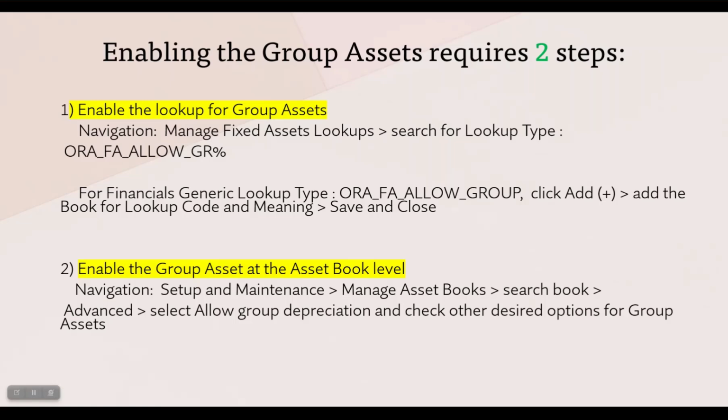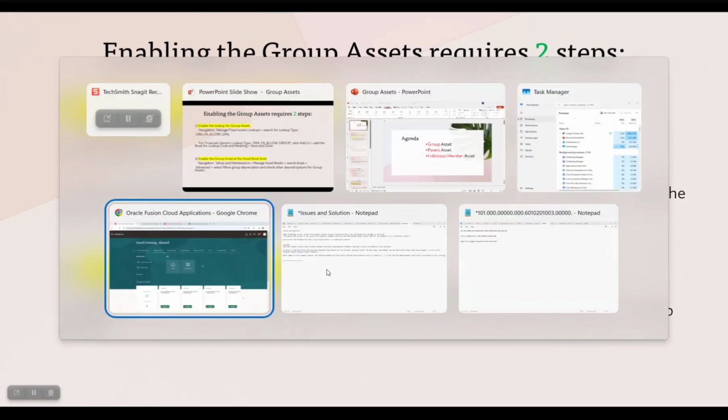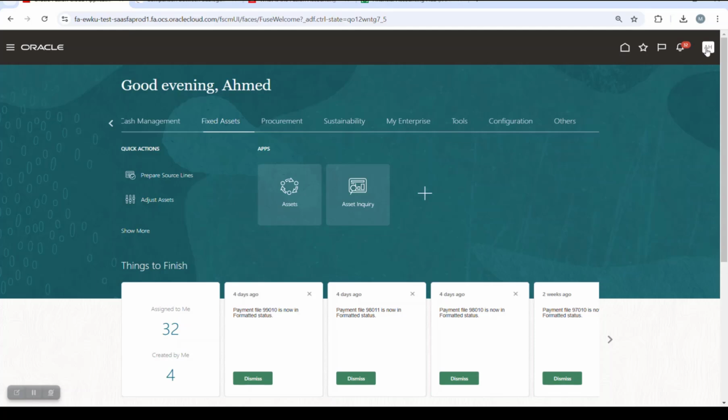So let's navigate to Oracle to search for ORA_FA_ALLOW_GR, and after that we will enable these features at our asset book level. I'm here in Oracle.